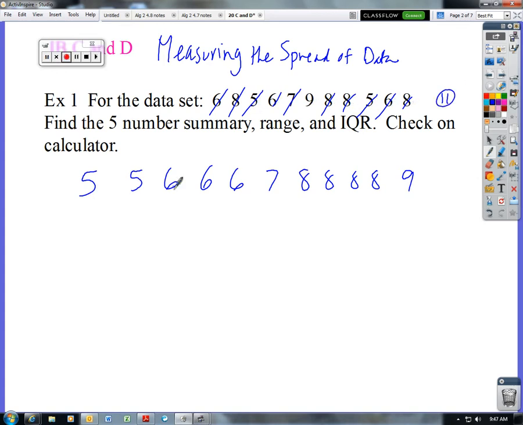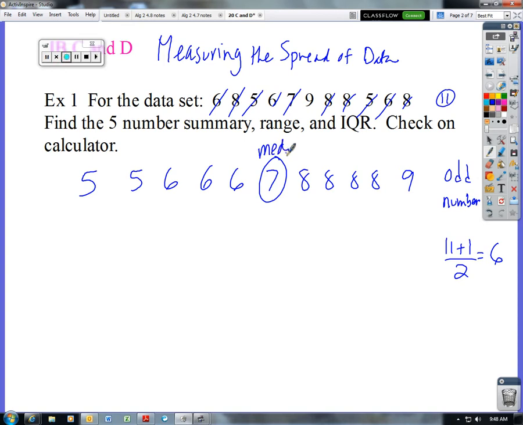So down here, 1, 2, 3, 4, 5, 6, 7, 8, 9, 10, 11. Okay. So what I have here is an odd number of data. Whenever you have an odd number, your median's going to be smack dab in the middle, and it's going to be a value. Oh, by the way, let's practice that formula again. 11, even though you really don't need to on a data set this small. 11 plus 1 over 2, 12 over 2, that's 6, so it's the sixth number. Right here is your median.